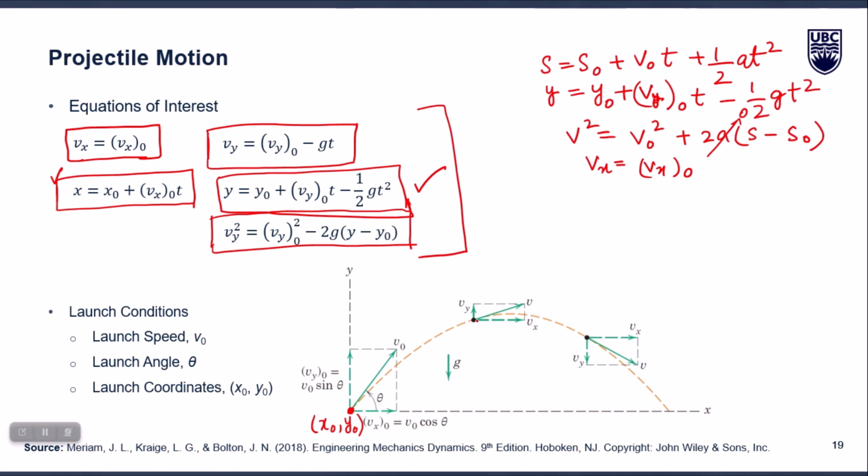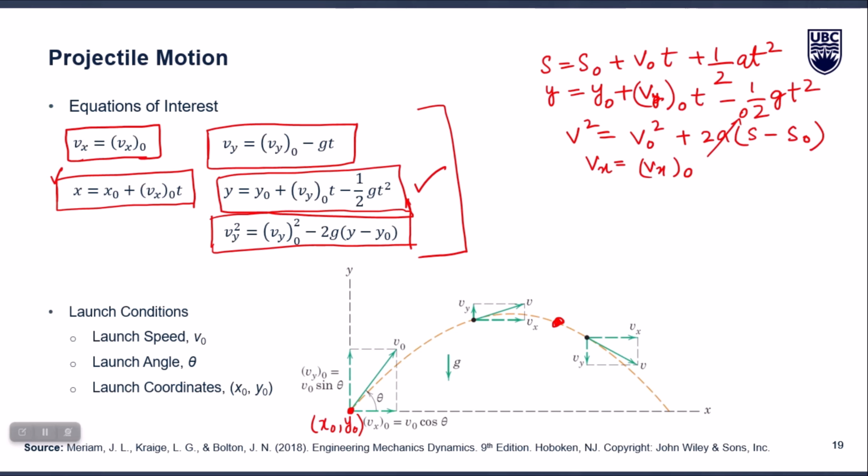Or you can be asked for the value of velocity at a particular point or state of the projectile. So you may be asked what the velocity and acceleration are when the projectile is, let's say, somewhere here. You may also be asked to plot the trajectory of a projectile, right? So there can be several types of questions which you may expect.